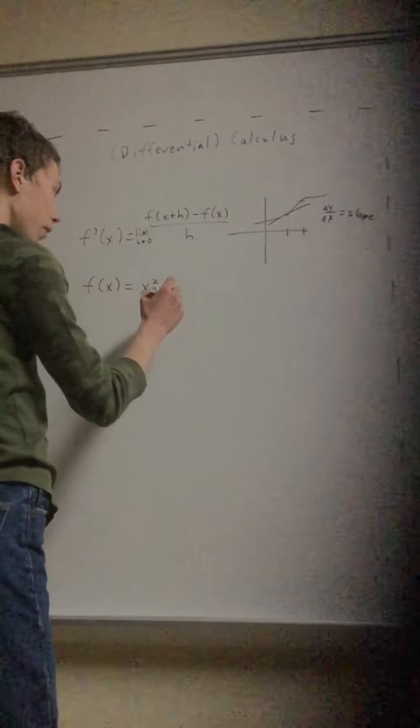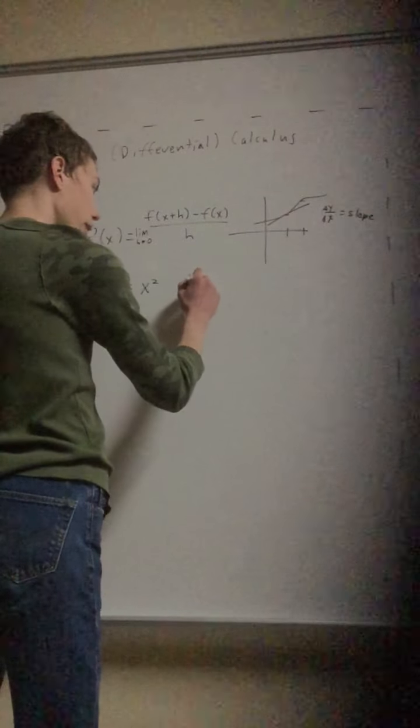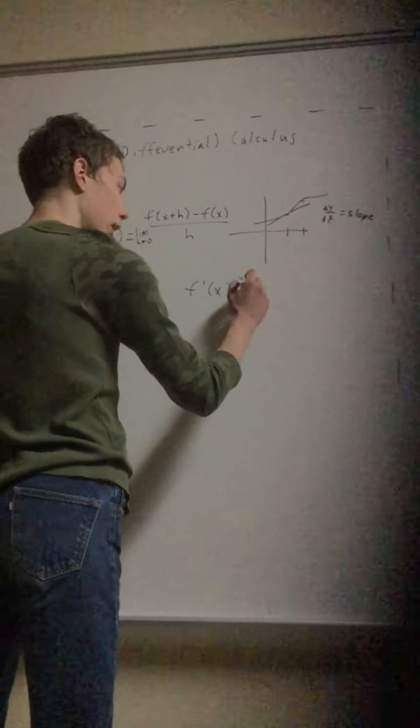A nice example, f of x equals x squared. The derivative turns this into f prime of x equals 2x.